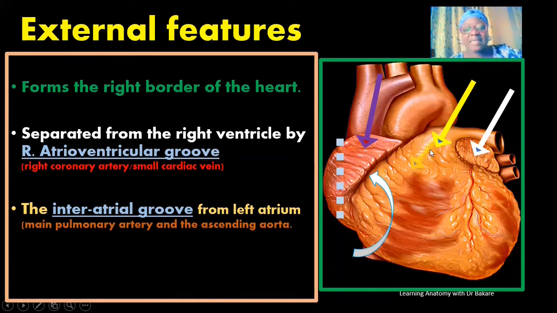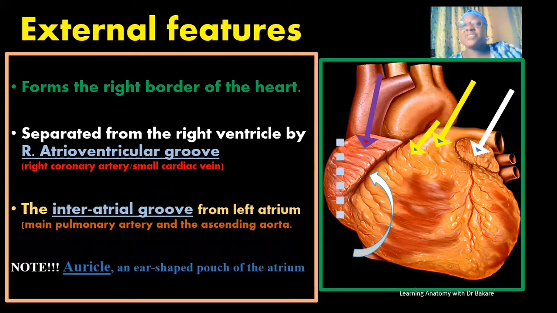Also, we have the ascending aorta. From the left ventricle, the blood that is now oxygenated, that is ready to be transported to the different organs in the body, passes through the ascending aorta, which is the initial segment of the aorta. You also have that within the space that is created between the two atria. Also to add that we have the auricles. The auricle is at times mistaken for the atrium.